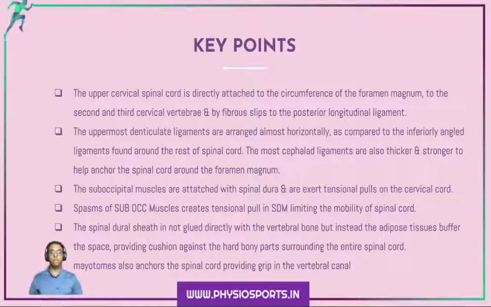Spinal dura sheet is not directly glued with the vertebral bone, but instead the adipose tissues buffer the space, providing cushion against the hard bony parts surrounding the entire spinal cord. The myotomes also anchor the cervical spinal cord, providing the grip inside the vertebral canal.